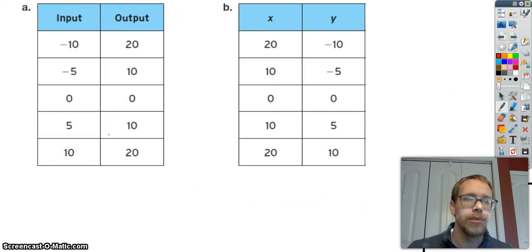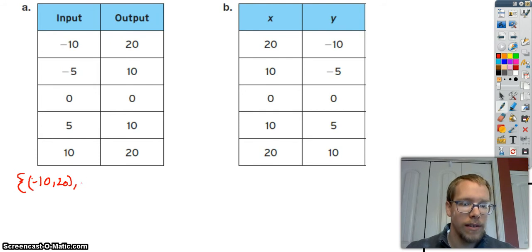Here we have two tables, a table of inputs and outputs, and then x values and y values. Let's write out this first table. In fact, let's write them out as a set of ordered pairs. So here we have negative 10 and 20. We have negative 5 and 10.